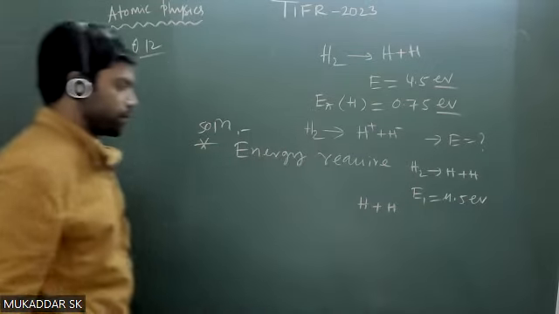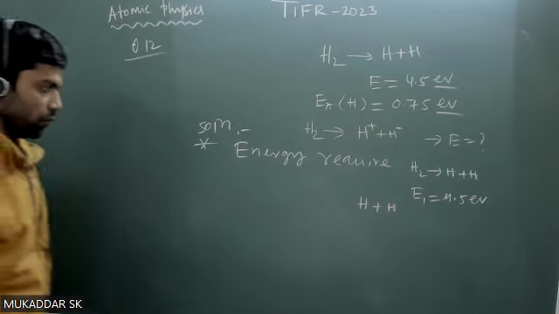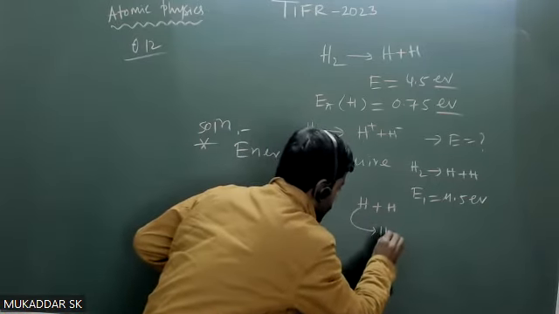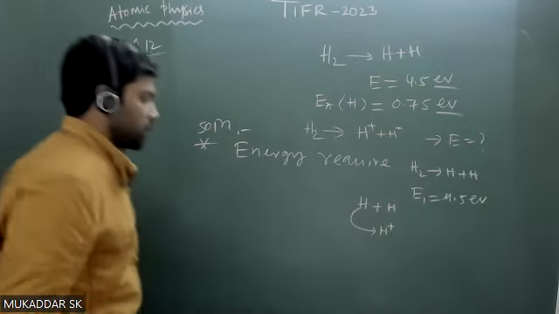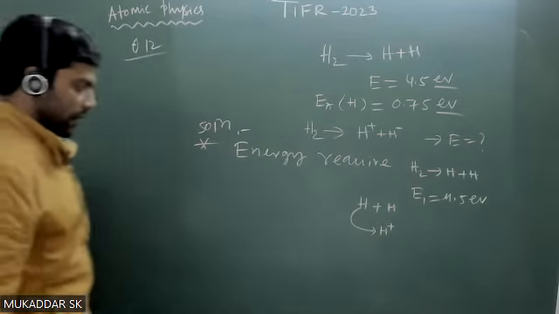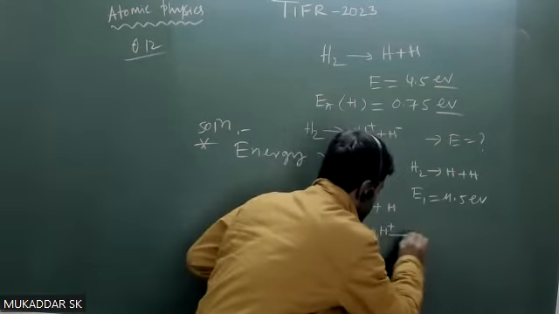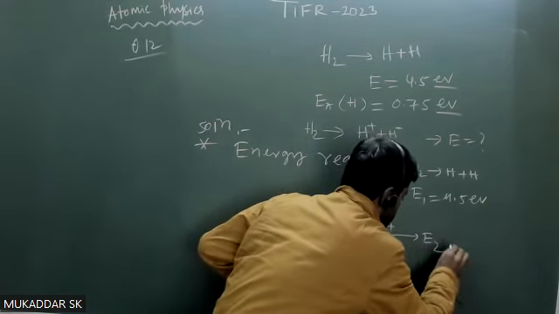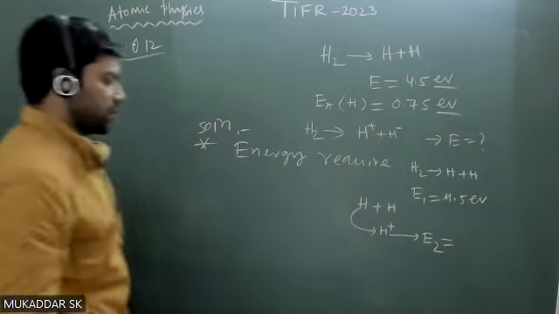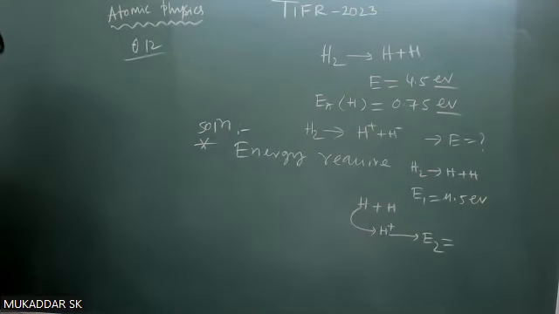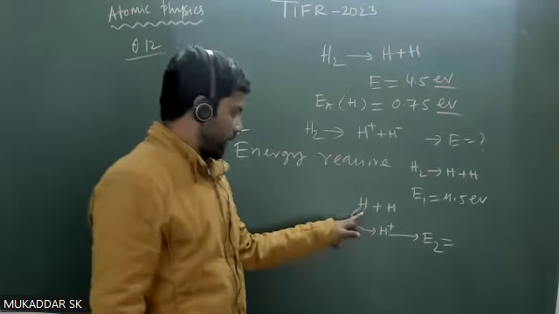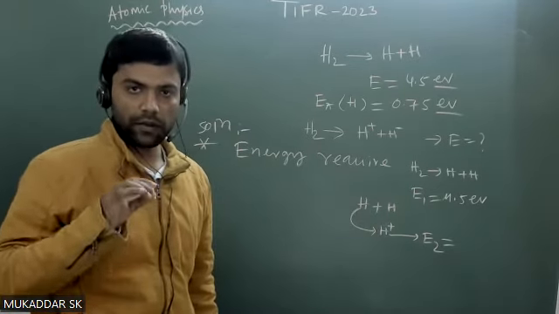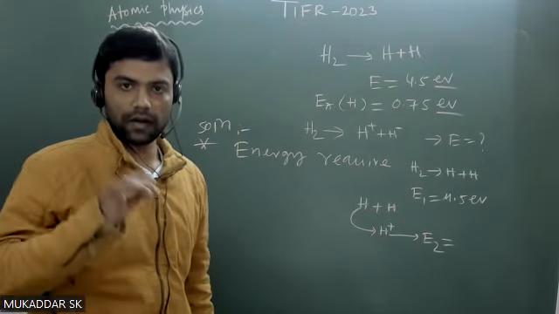Now I have H and H. To make one hydrogen atom into H plus, I have to supply energy, let us assume that is E2. To make a hydrogen atom into an H plus ion, I am removing the electron from the ground state.